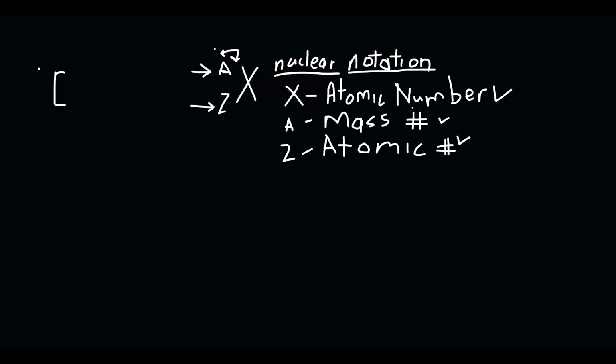That's how it's supposed to look. We have A, which is the mass number, and then Z, which is the atomic number.